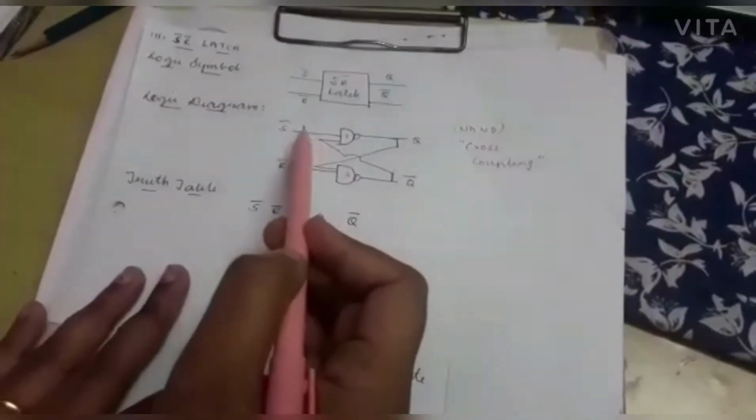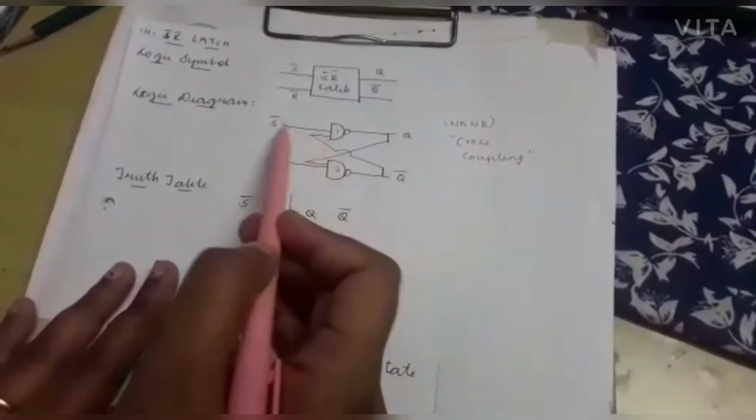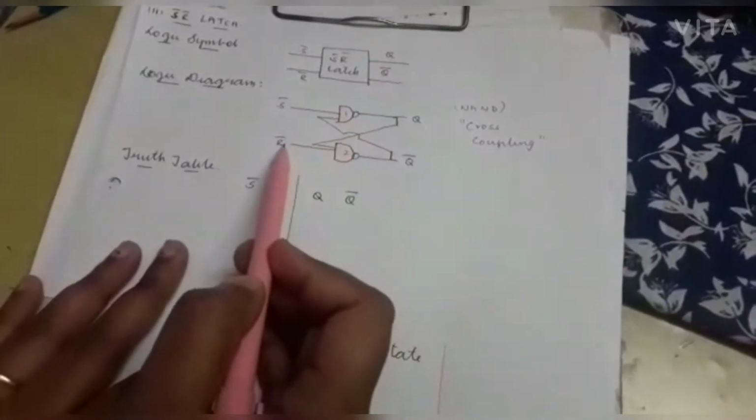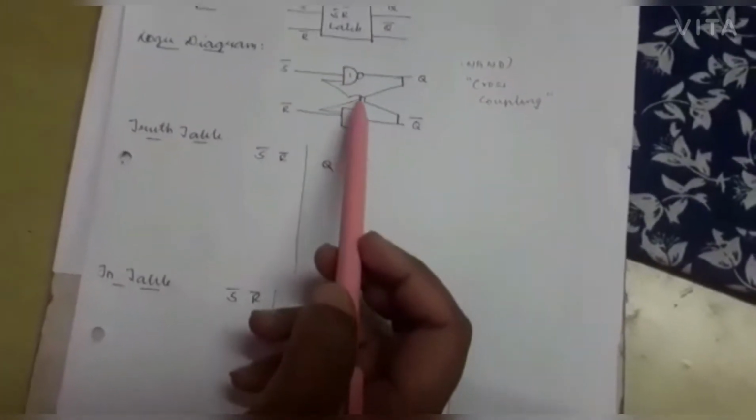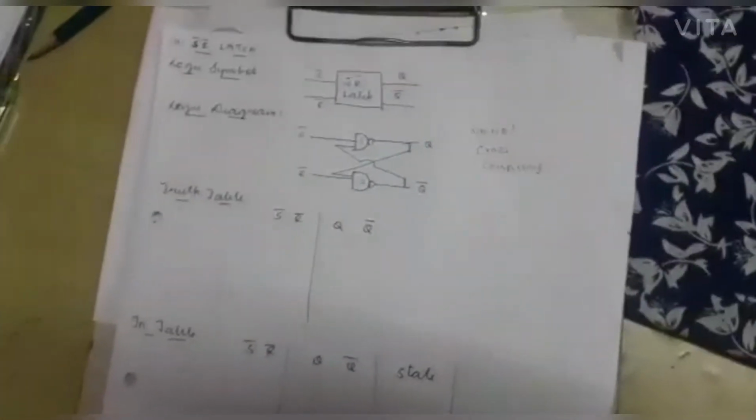The first input to the first NAND gate is S bar. Similarly, one of the inputs of the second NAND gate is R bar. Then what about the remaining inputs of the two NAND gates? For the first NAND gate, the input is given through the output of the second NAND gate, and the input to the second NAND gate is given by the output of the first NAND gate. So this is how the logic diagram looks.